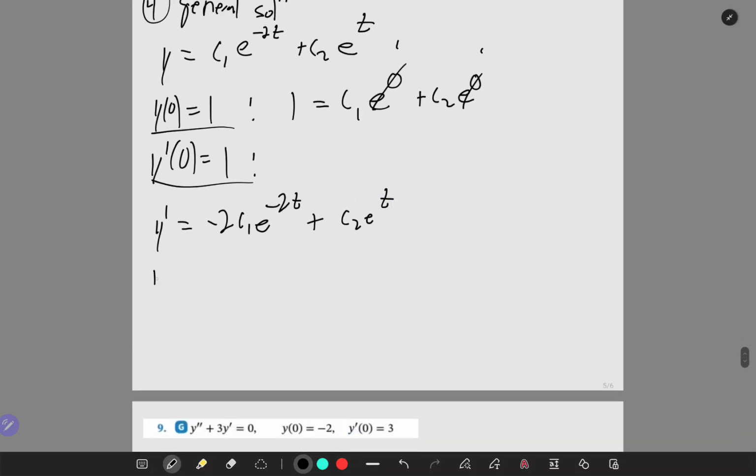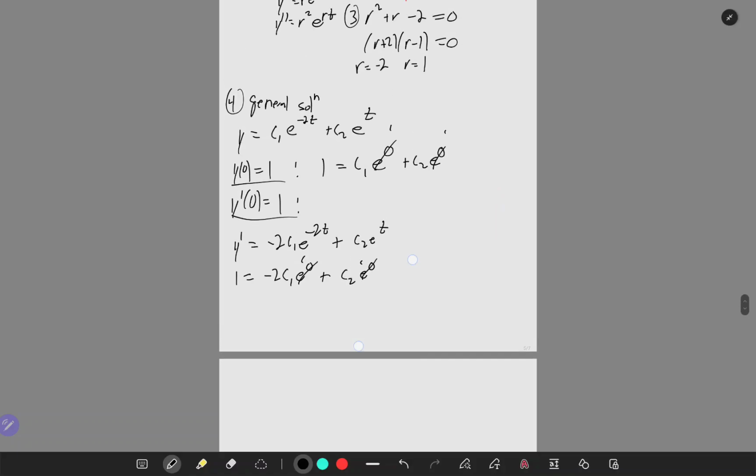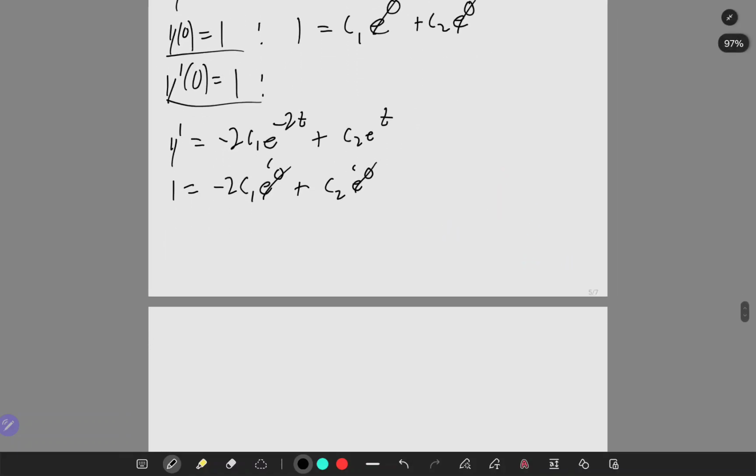So then we'll have 1 is equal to negative 2 c1 e to the 0 plus c2 e to the 0. These become 1. So then we're going to have two equations now. We're going to have 1 is equal to c1 plus c2, and we're going to have 1 is equal to negative 2c1 plus c2.